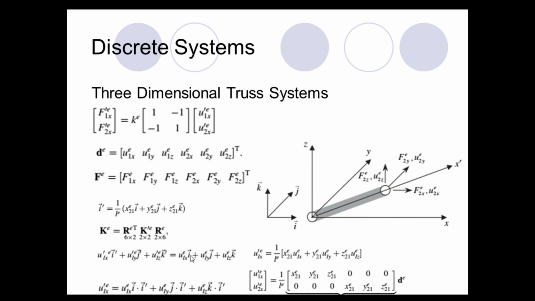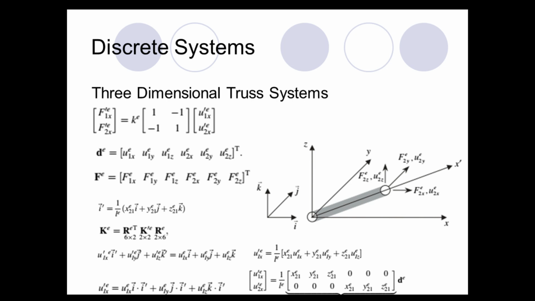Now we can write it like this. u1 prime x is equal to the displacement vector multiplied by i prime, and this gives us this vector, and this is what we are going to obtain then.